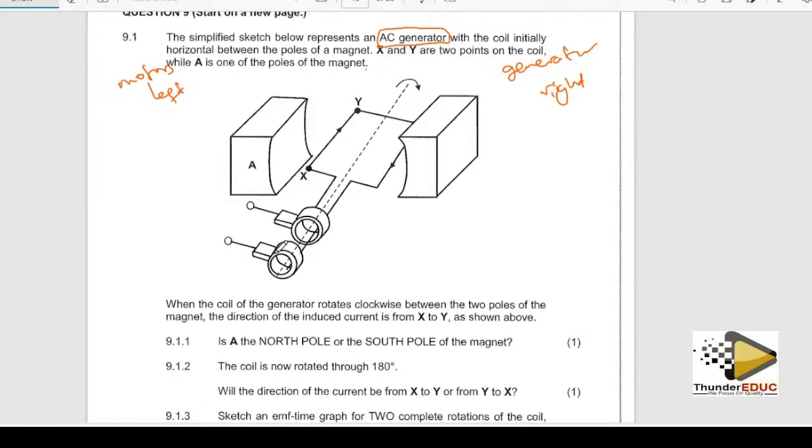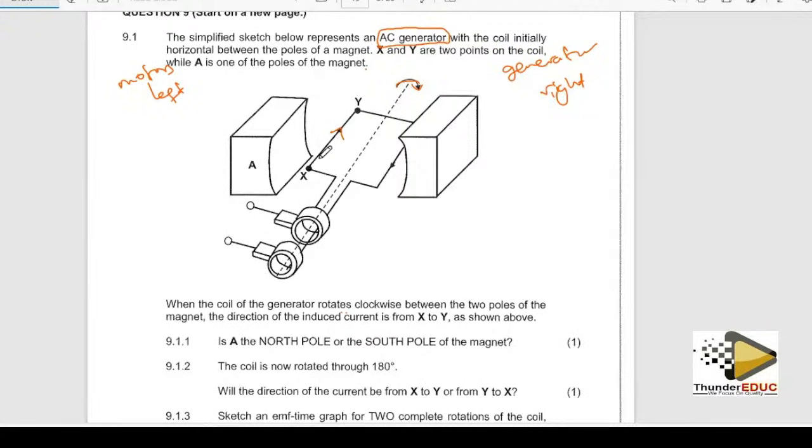So the question is asking us that when the coil of the generator rotates clockwise, just as indicated, between the two poles, the direction of the induced current is from X to Y, as shown above. Is A the North Pole or the South Pole?